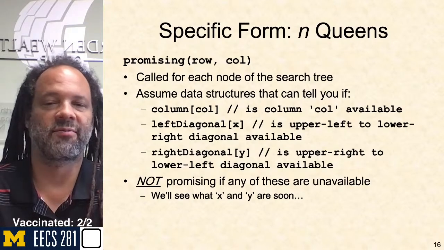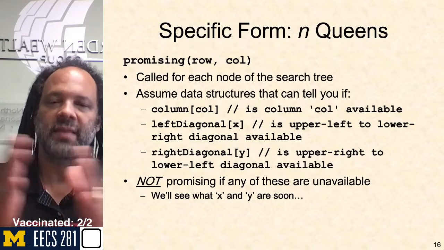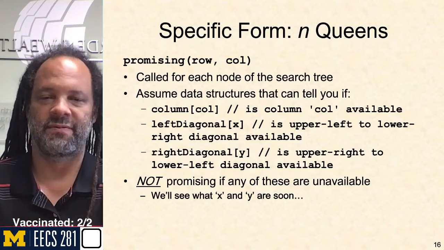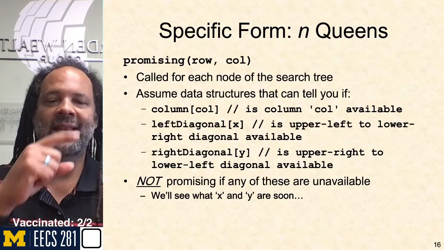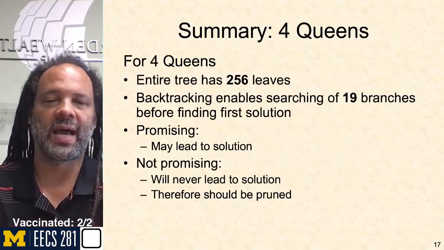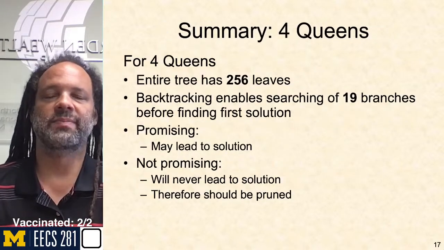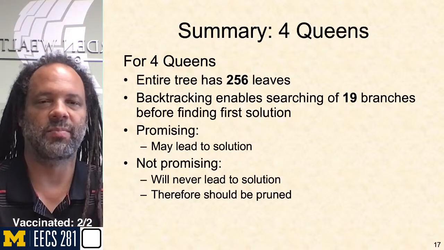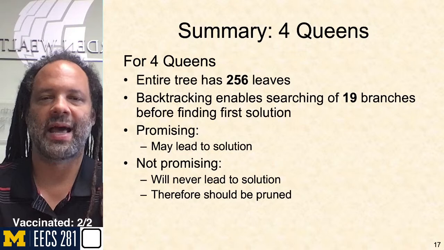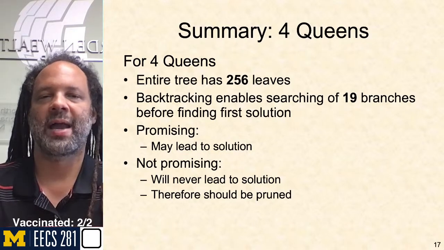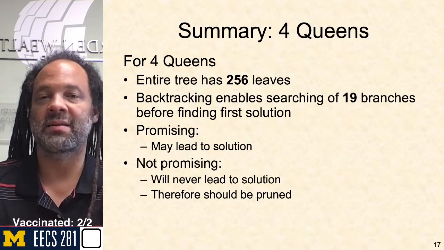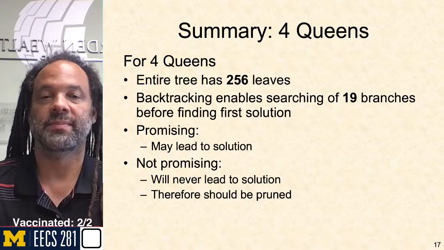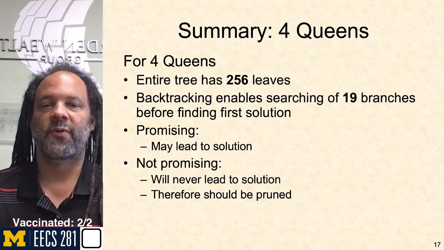That one is a vector of integers, but there's just n of those. So I've got this n size vector of available columns, this n size placement of rows, and then we'll figure out the size of the left and right diagonal. But they're all one-dimensional, and it allows me to check whether or not a position is available in constant time, which is great.